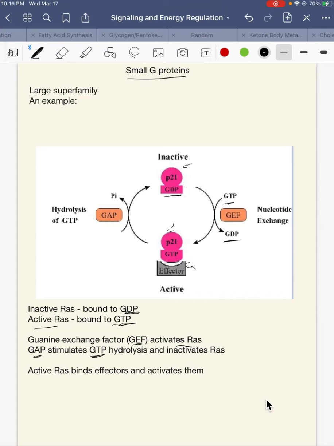When it does this, it inactivates RAS, and then you're able to activate your next signaling protein. An example would be RAF. So when RAS hydrolyzes GTP, you inactivate it, and then you activate the next signaling molecule, which is RAF. And then active RAS binds effectors and activates them.